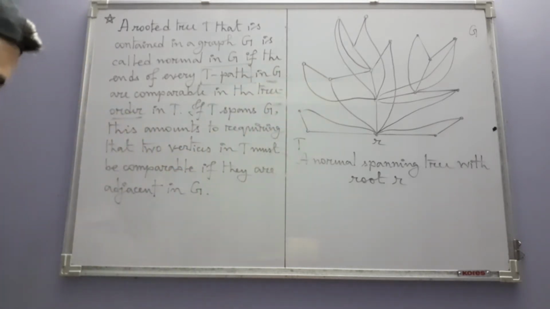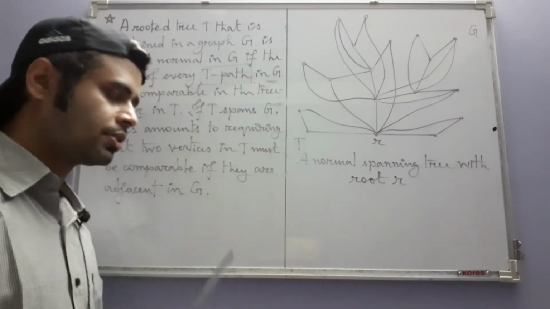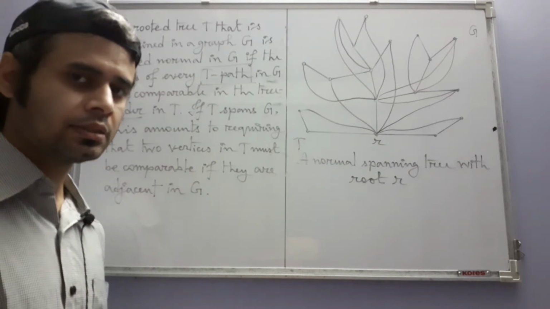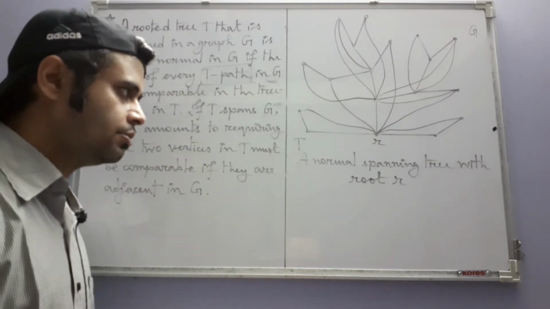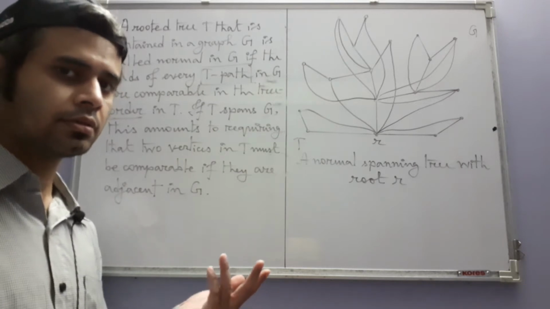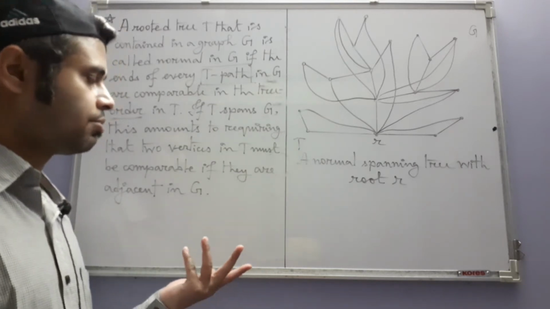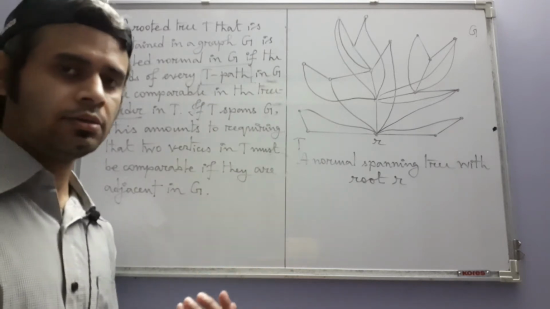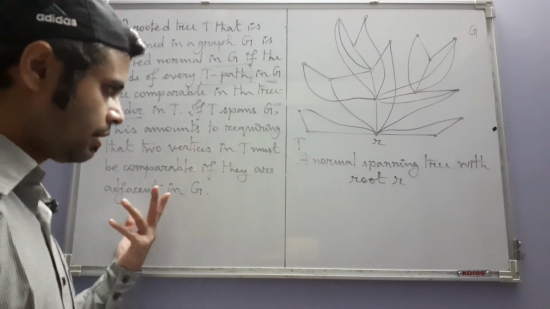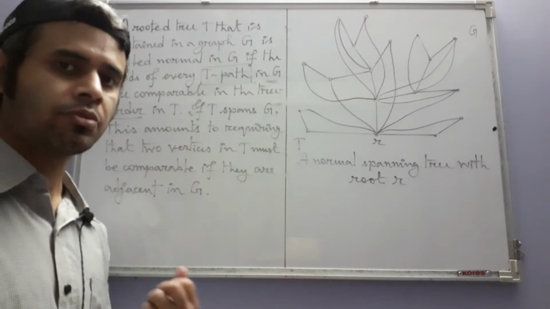Okay, now most of the graph theoretic terminologies are very intuitive, so much so that just by looking at something, for example tree order or a tree itself, that alone gives you an idea of what the thing is.